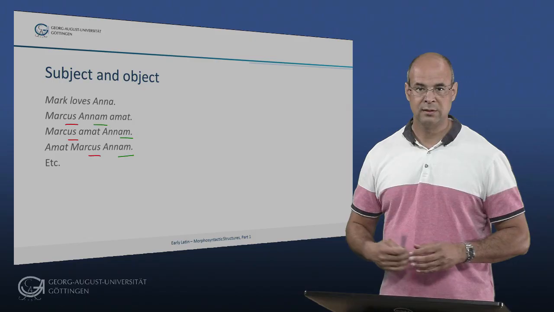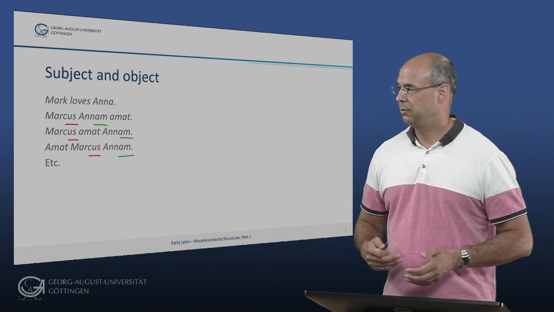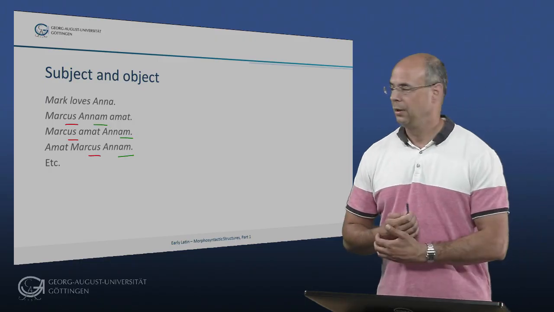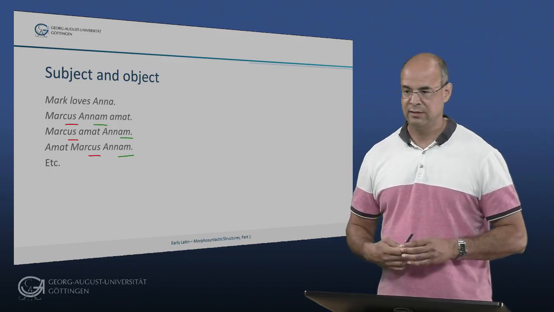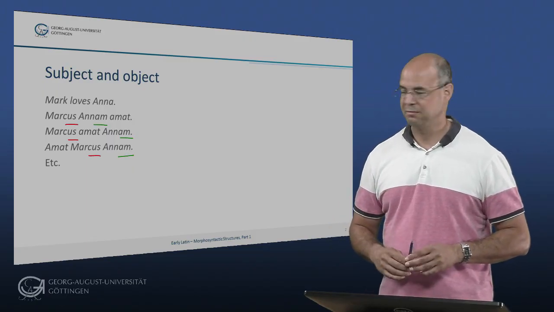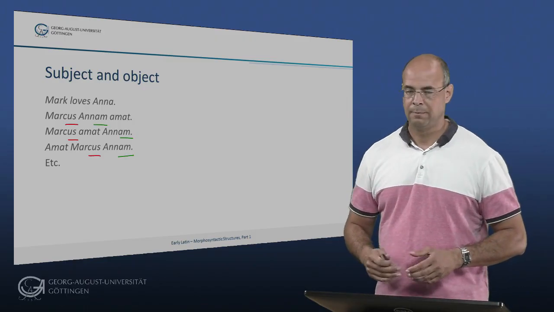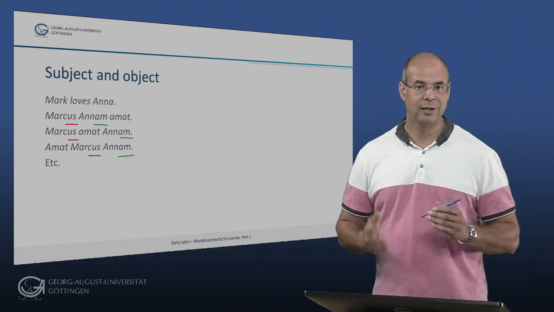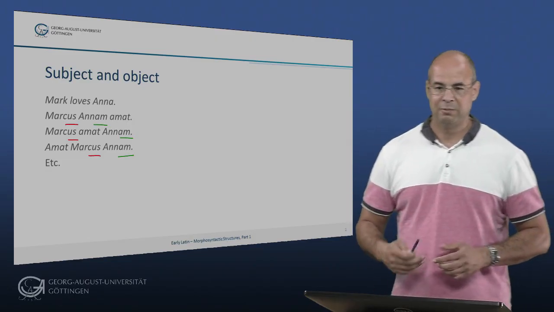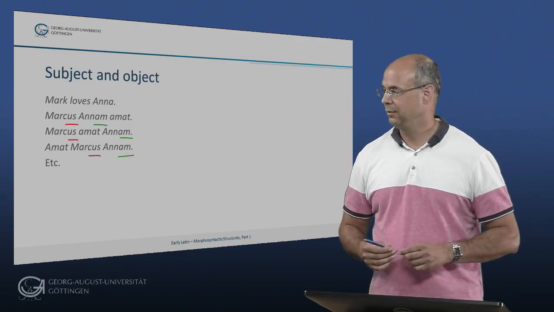Now, most statistics for that are done on classical Latin, and if you look at, for example, Cicero, Caesar, and Varro, you could say, by just looking at Caesar, that Latin is a verb-final language. 90% roughly of all clauses have the verb in final position. But if you now look at Cicero, it's only half-half. And if you look at Varro, verb final position only occurs in 20 to 30% of all cases.